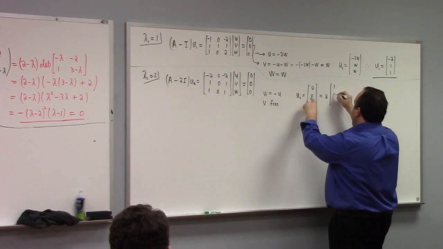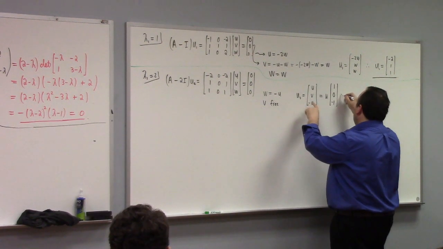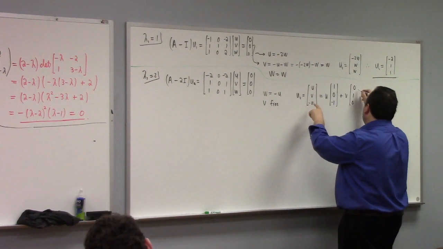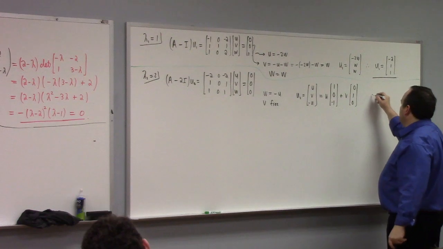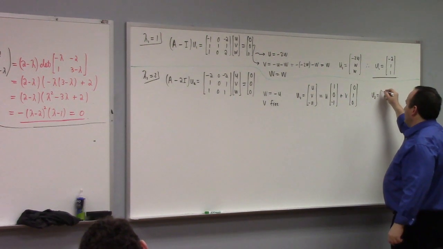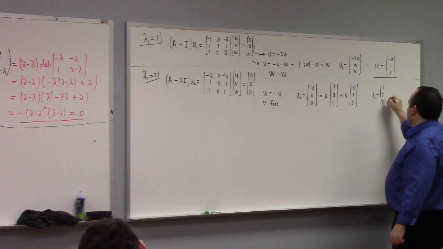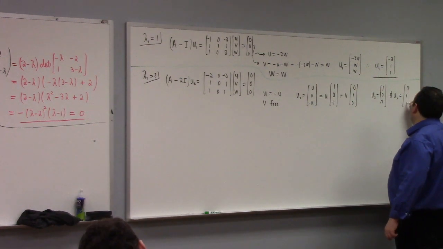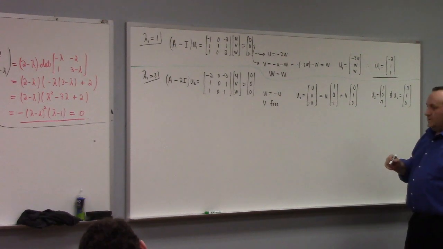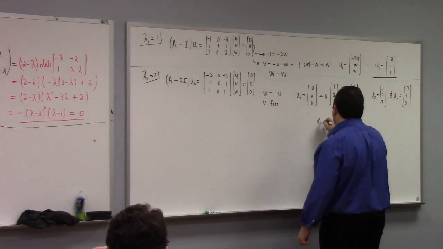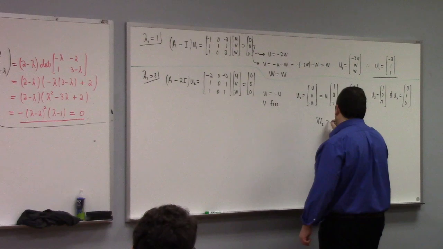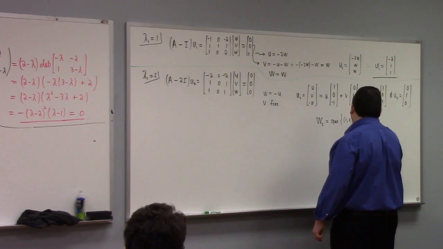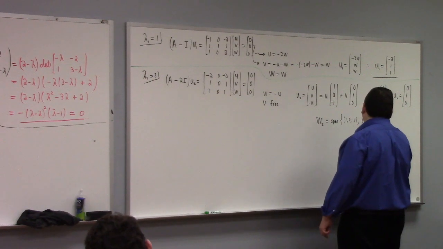All right, so we've got 1, 0, minus 1, plus V times 0, 1, 0. So this gives me U2 equals 1, 0, minus 1, and U3 equals 0, 1, 0. We can say this: W2 is equal to the span of 1, 0, minus 1, and 0, 1, 0.